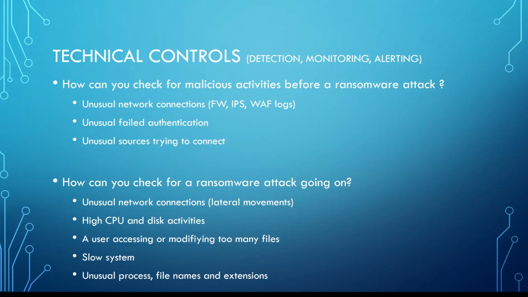So in the firewall logs, you can see that suddenly the NAS that usually never uses this protocol or is never trying to connect to other devices, suddenly starts to try to connect. So this is a problem.